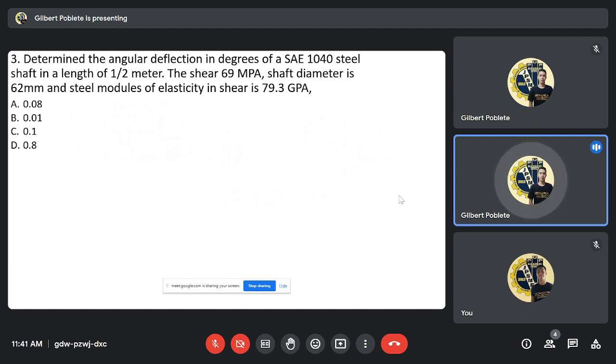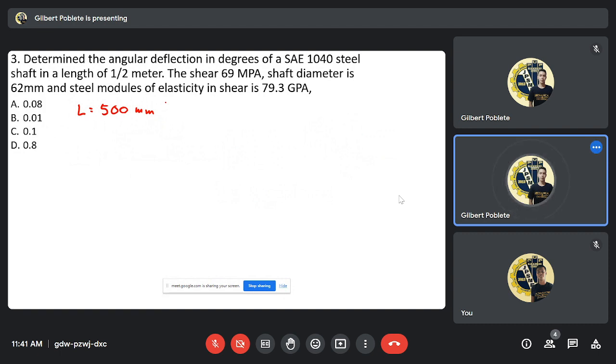So, dito, meron tayong given daw na length is 1/2 meter. So, magiging 500 millimeter or 1/2 meter.